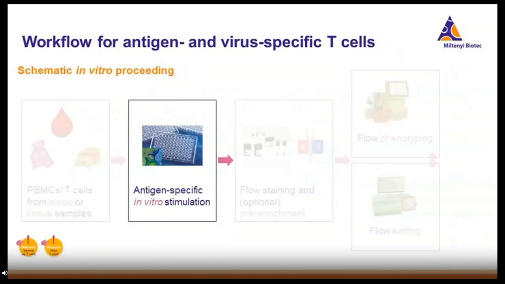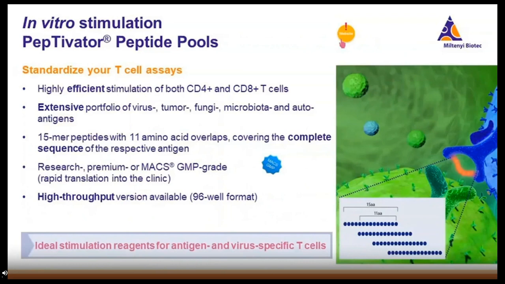So now, after preparing the cells, for example, from PBMCs, the next crucial step in the workflow is this antigen-specific stimulation in vitro. And here, the most efficient antigen-specific stimulation of T cells can be achieved with our Tivator peptide pools. These Tivator peptide pools efficiently stimulate both CD4 as well as CD8 positive T cells, and we cover an extensive portfolio of virus, tumor, microbiota, and even autoantigens.